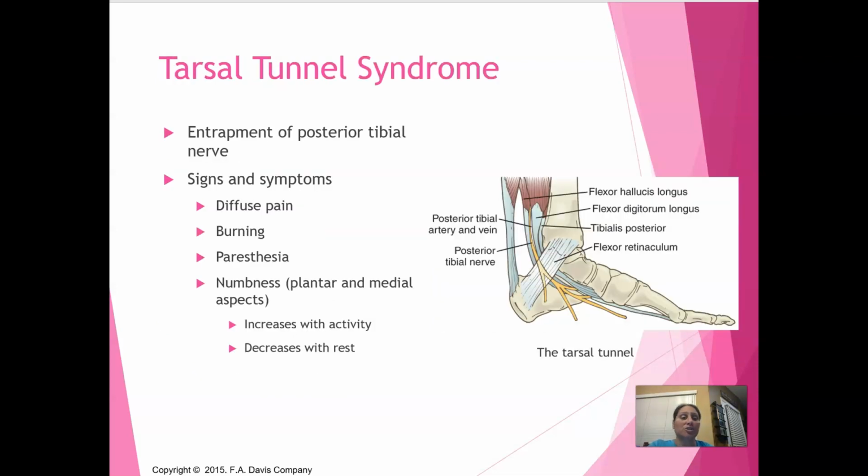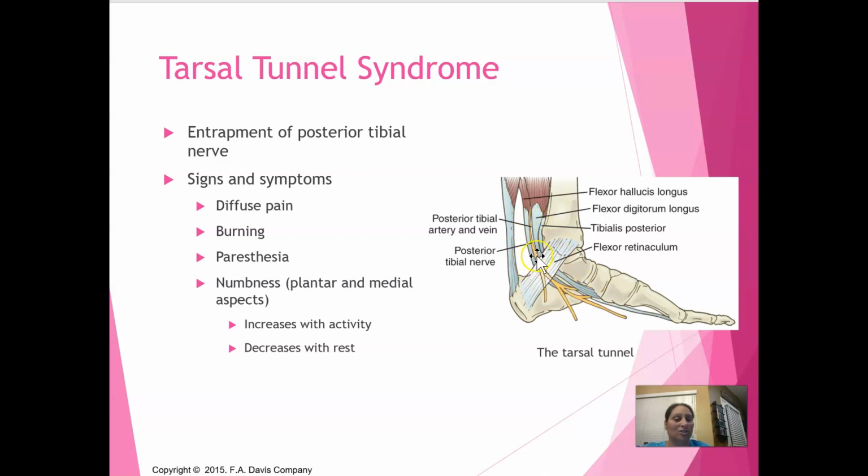Okay, tarsal tunnel syndrome. This is something we didn't really talk about very much, or I think at all, in the prior class. I do know we addressed carpal tunnel syndrome within the wrist. Tarsal tunnel syndrome is very similar, just a different body part. You've got your flexor retinaculum that the nerve goes underneath.